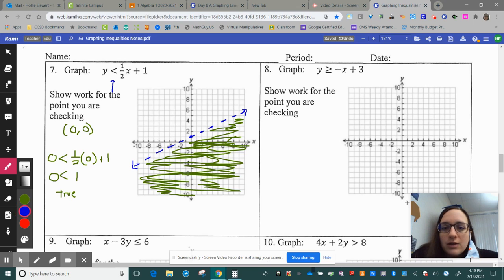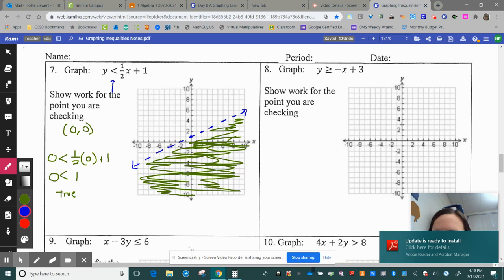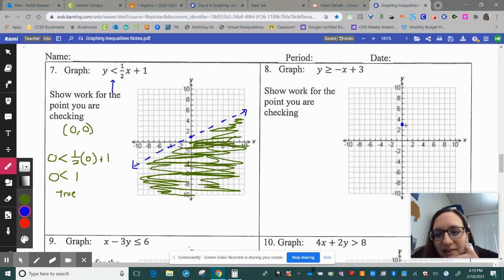Not so bad. So I'm going to do the next few. You're welcome to try it and then check. For this one, I'm going to start at 3 on the y-axis because 3 is my y-intercept. Okay, negative 1 is our slope, so we're going down 1 over 1, down 1 over 1. Remember slope, dude. He's just gliding on down that slope.